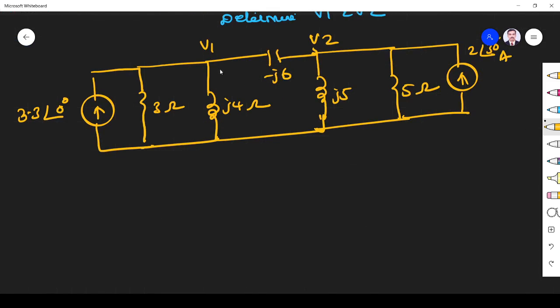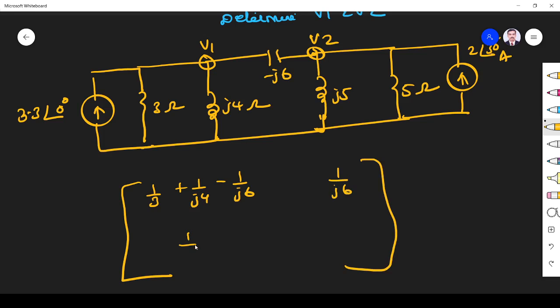So this is node 1. This is node 2. For node 1, since there are two nodes, we write a 2 by 2 matrix. What are the resistances connected to node 1? 3, j4 and minus j6. So 1 by 3, 1 by j4, minus 1 by j6. Between 1 and 2, it is minus 1 by j6, so it will become plus 1 by j6, right?